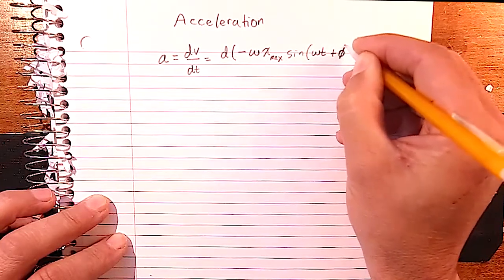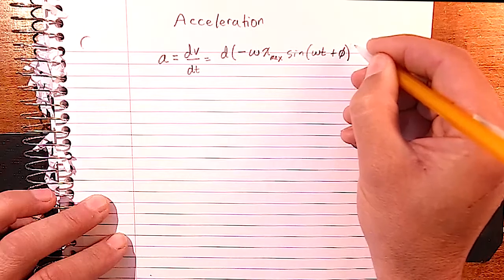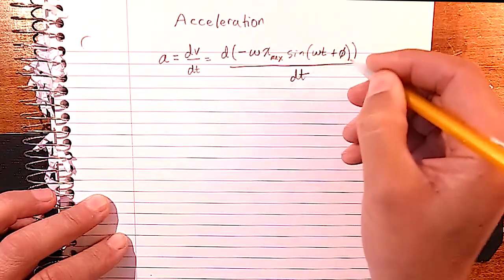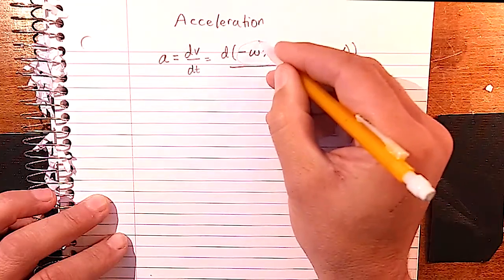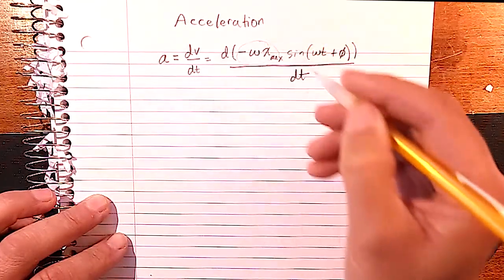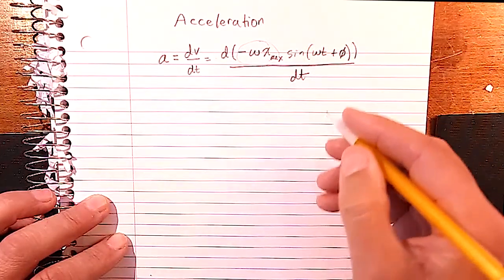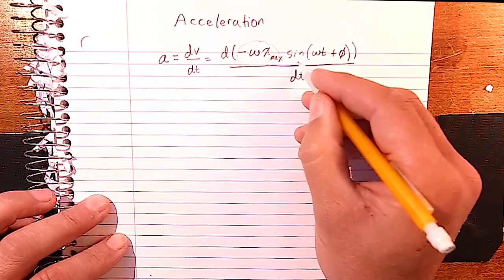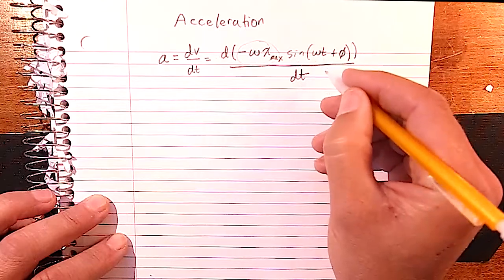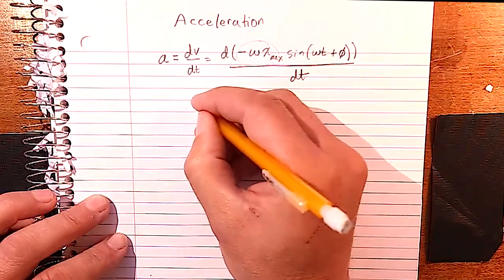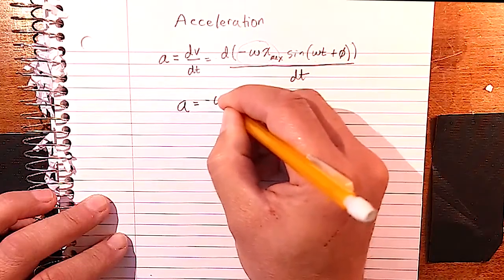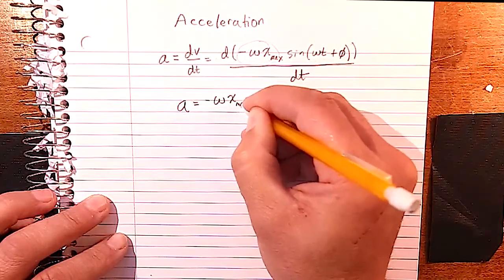Where did this formula come from? We just derived it. So that's going to be with respect to time, and this is a constant, so we pull this constant out in front of the derivative, and then because we don't know the derivative of sine of omega t, we have to do a let u substitution. So we're going to set this up as a equals negative omega x max.